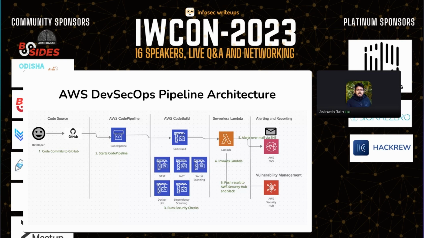Then it calls Lambda for the post-build section, where you can push those results into various communication channels, over mail or using SNS, or maybe AWS Security Hub, or for vulnerability management, or other channels like mail or Slack.